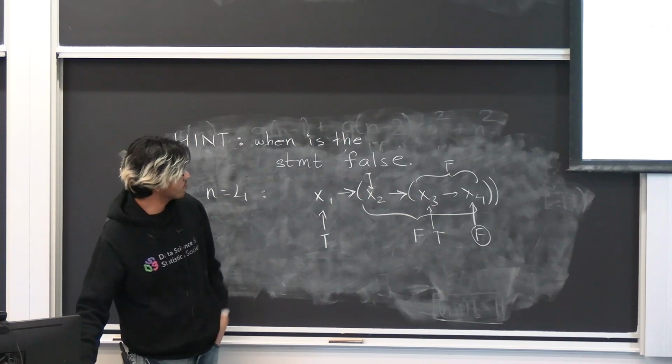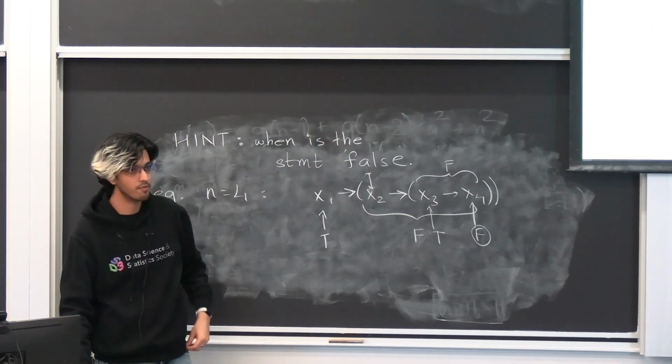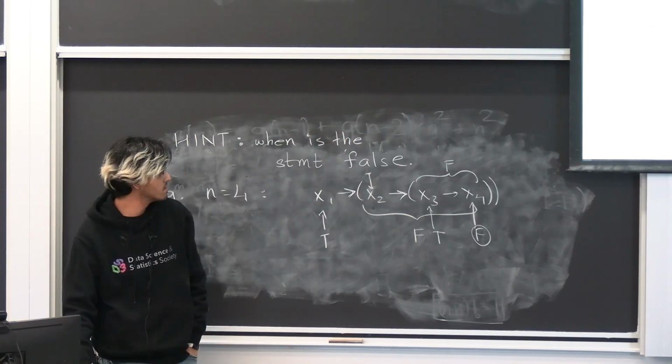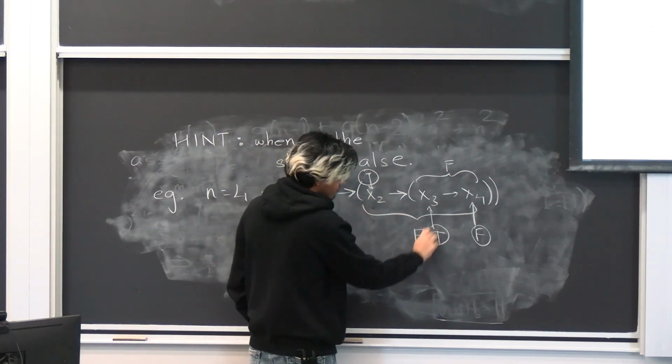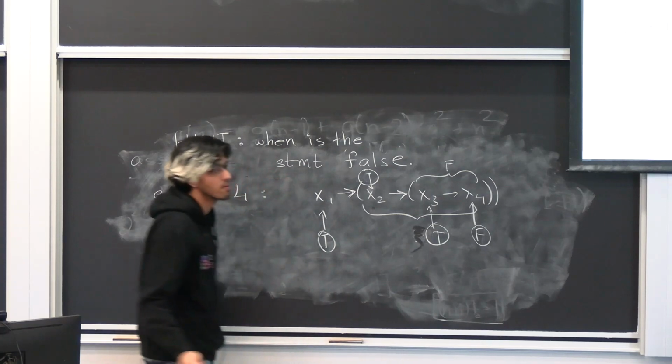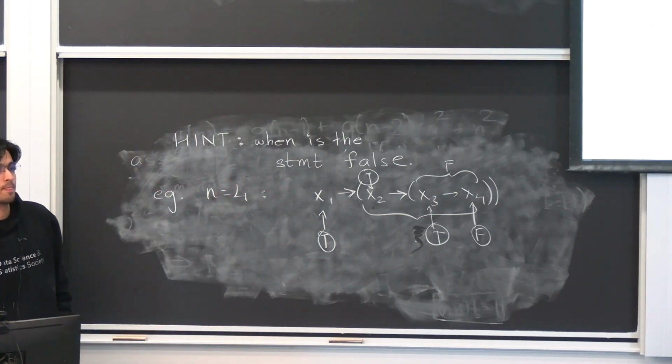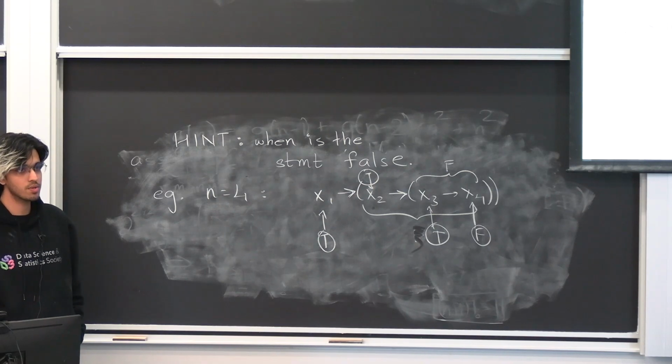So what needs to happen for this entire statement to be false? It's to alternate between true and false. Does it need to alternate? You have true, true, true, and false. What needs to happen? Does anyone see the recursion here?